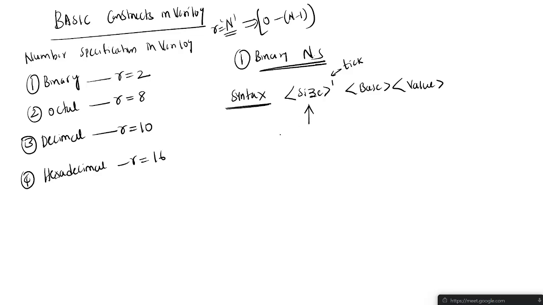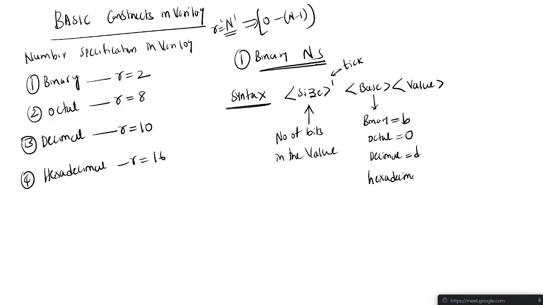Size is nothing but the number of bits in the value. And base: if it is binary, the base is B. If it is octal, the base is O. If it is decimal, the base is D, and hexadecimal, the base is H. Suppose you have a number like 0011.